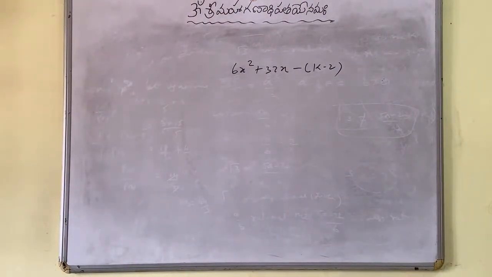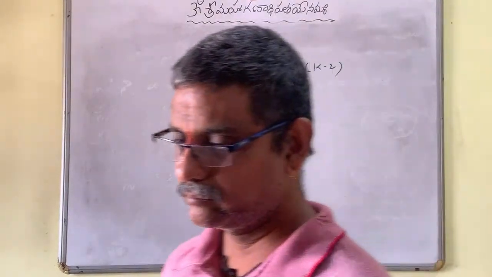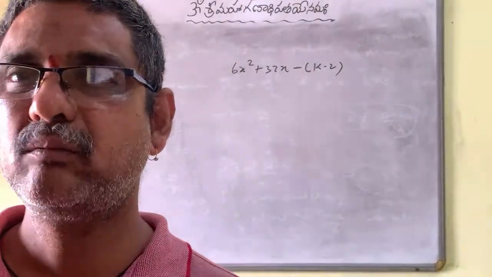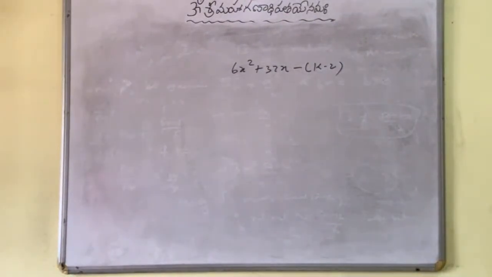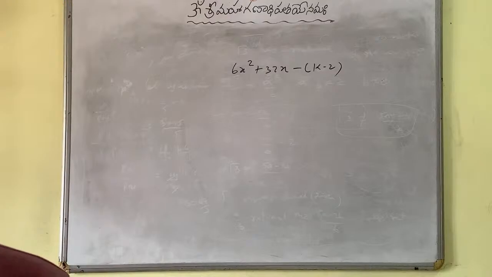Given that both the zeros are reciprocal to each other, what do you mean by reciprocal? What do you mean by reciprocal to each other? Reciprocal to each other means, when we talk about numbers, reciprocal numbers, suppose consider a number 5.